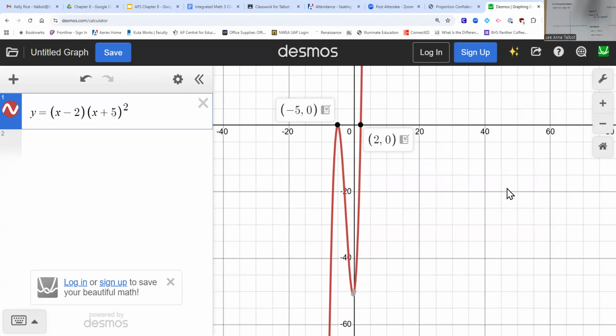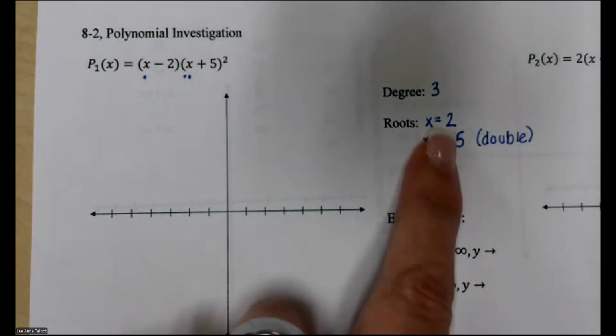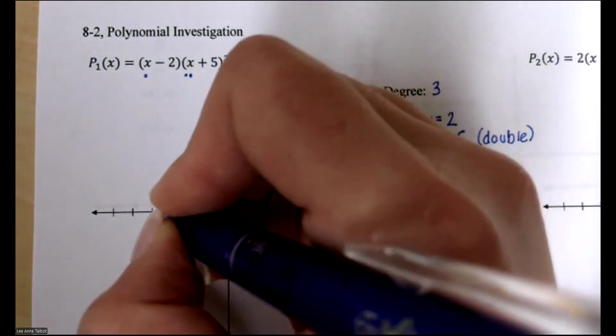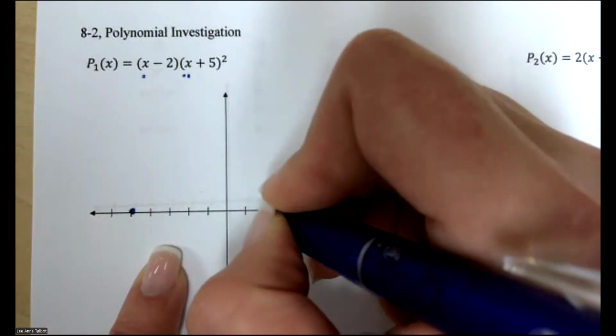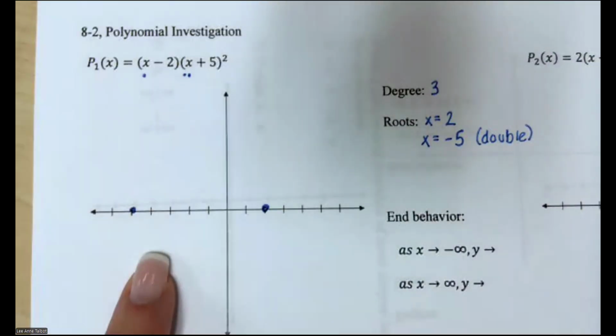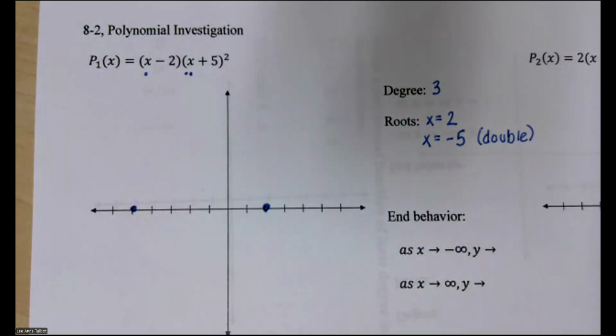I just want them to look kind of like the picture. First thing we're going to do is graph -5, 0 and 2, 0. So I take my roots. X is -5. X is 2. Good so far?